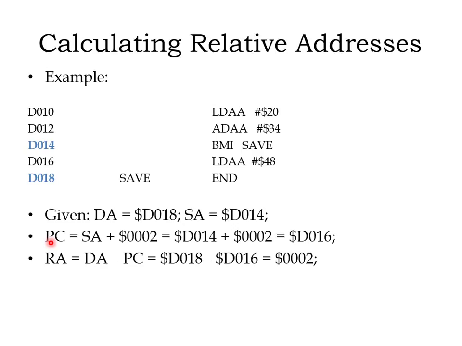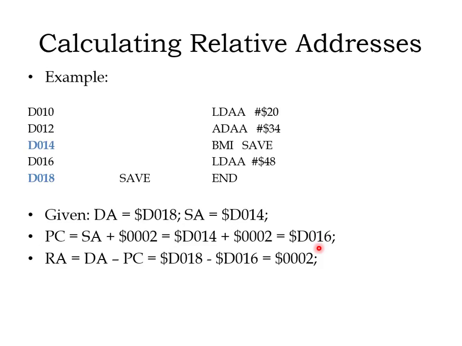Remember there was a register called program counter. So PC equals source address plus 0002. I just plug in the source address because I know it, it's given, D014. So I plug the source address here and add 0002 because that's the formula, and then I got the PC, which is D016.